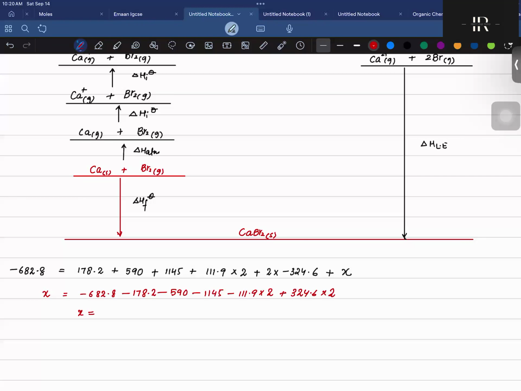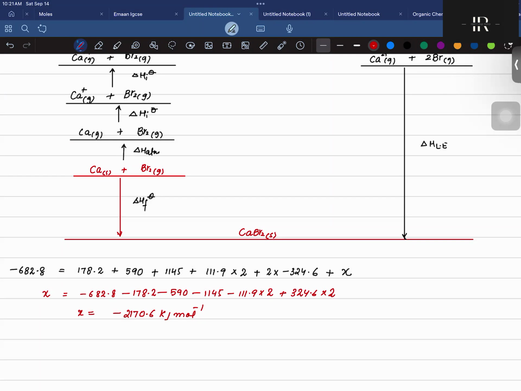Can you tell me an answer? It should be this. Are you getting this answer? Yes, sir, I am getting this answer. I put the values in the calculator. Okay.